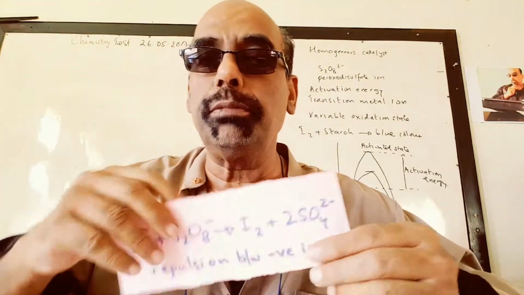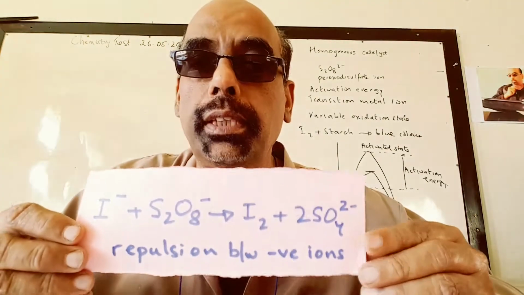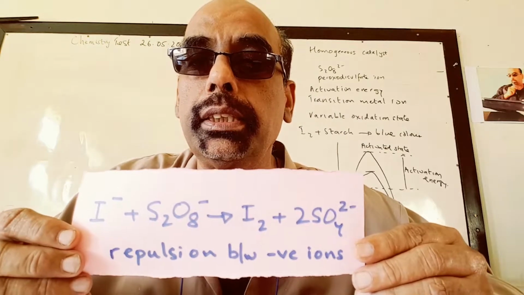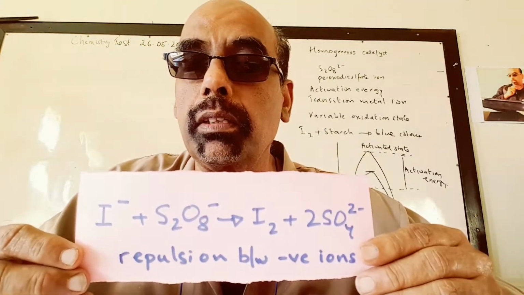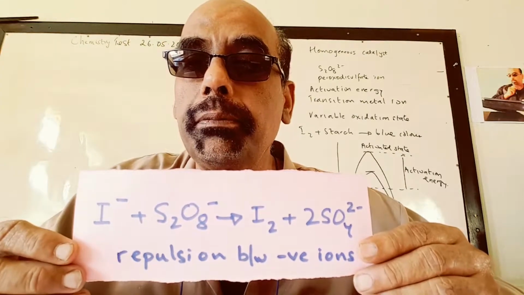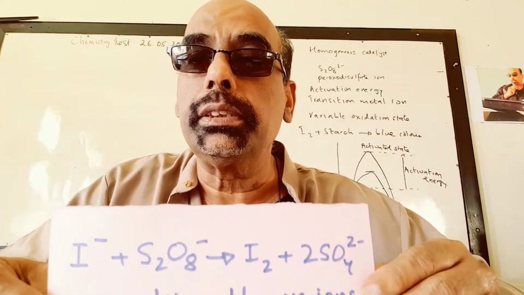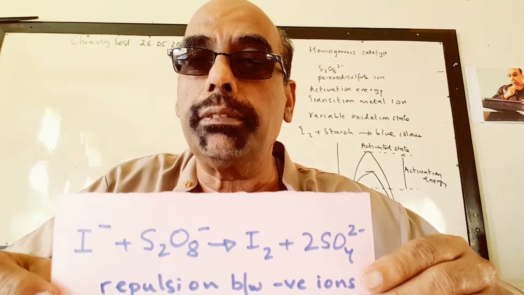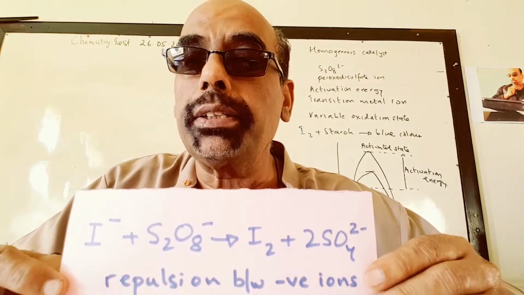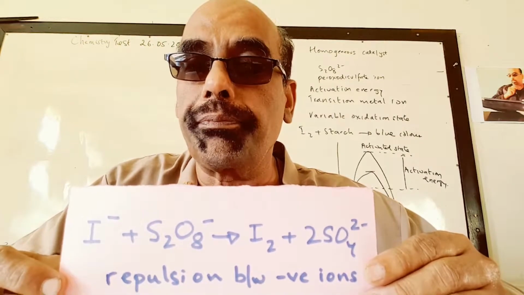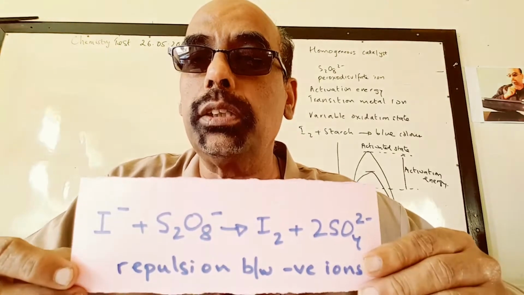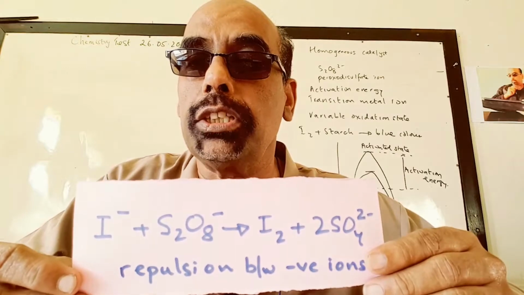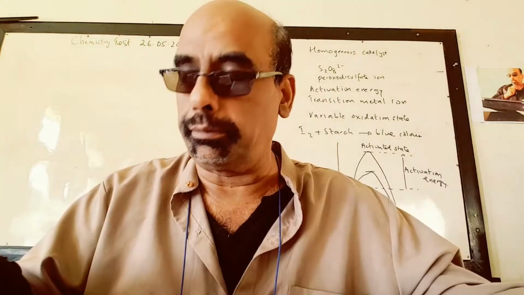The reaction between iodide and peroxydisulfate gives iodine and sulfate ion. Iodide is negative, peroxydisulfate ion is also negative. These two negative ions repel each other, so it is difficult for them to collide, difficult to react. The activation energy is high.